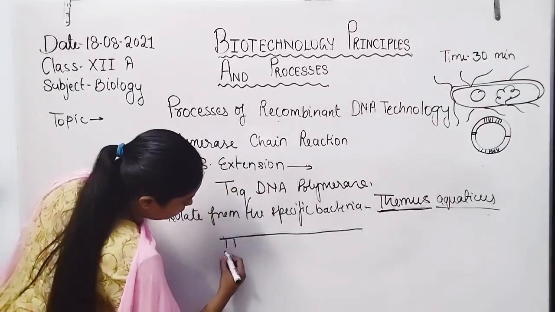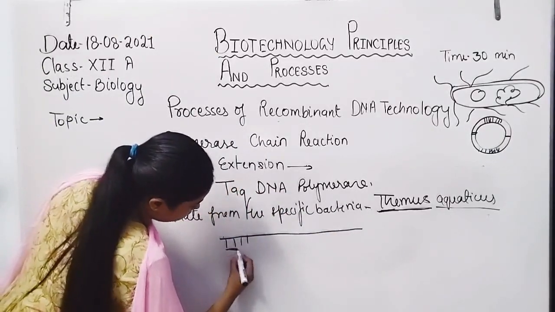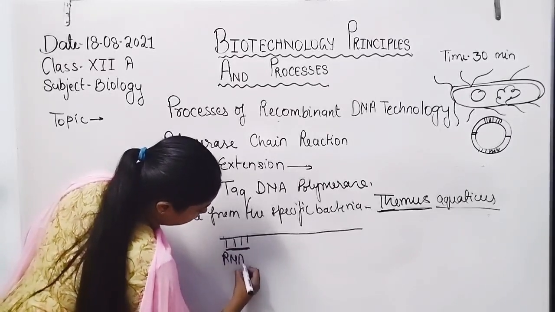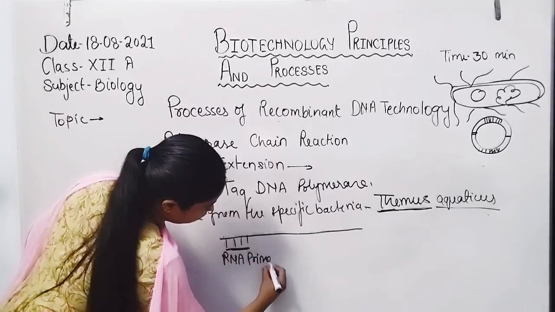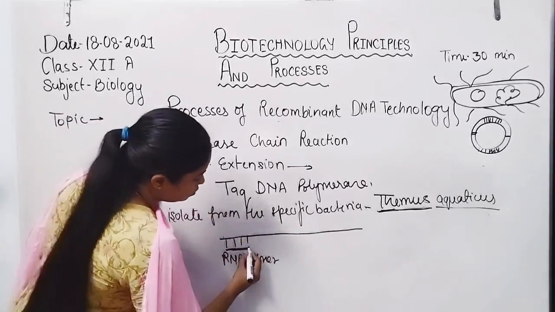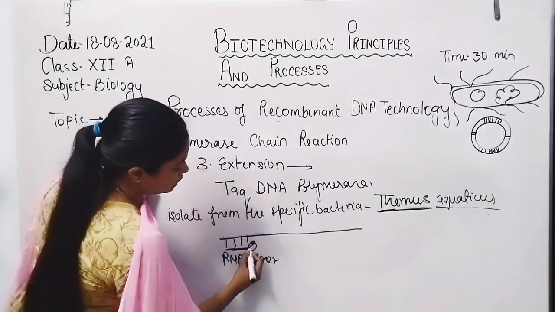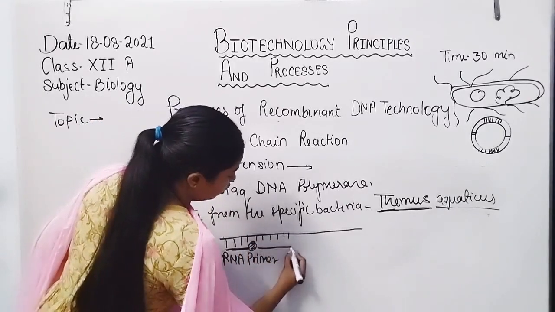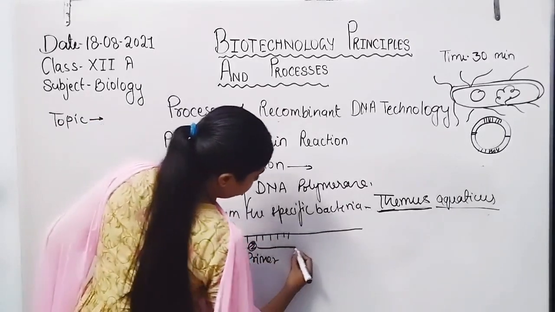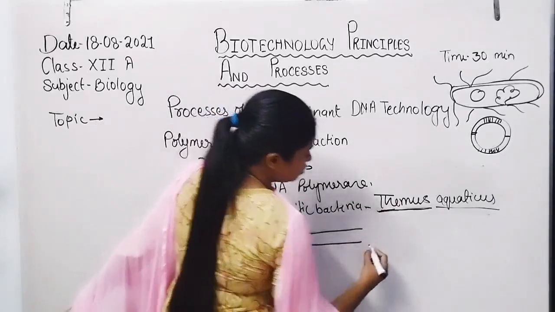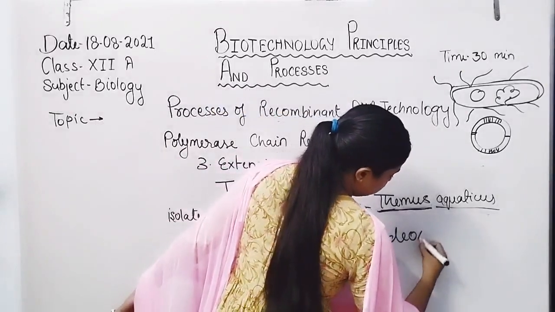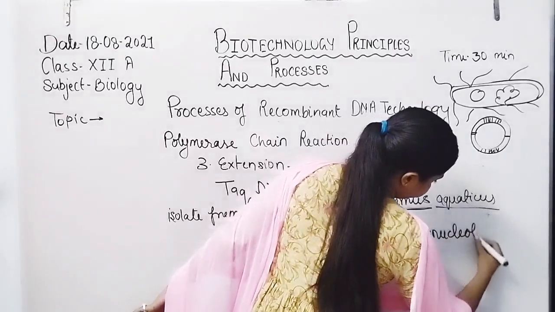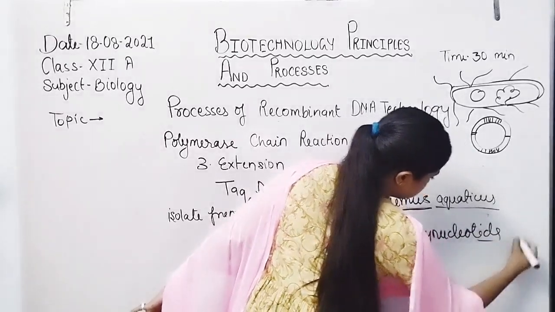Here we add the RNA primer on one strand, and the Taq DNA polymerase adds to or extends the RNA primer by the addition of deoxynucleotides.